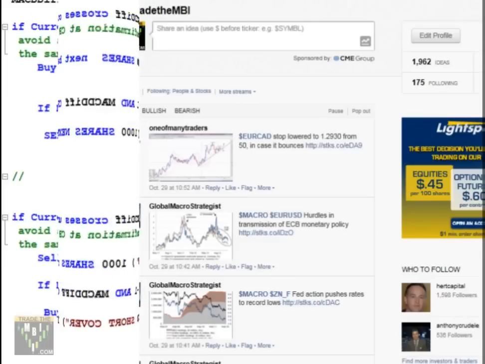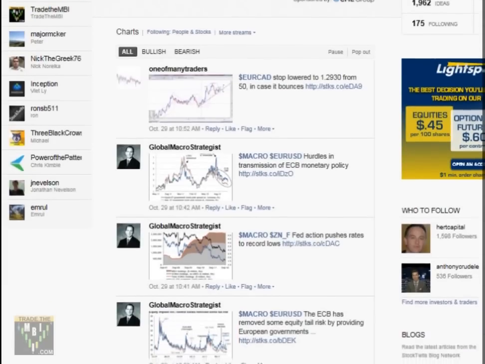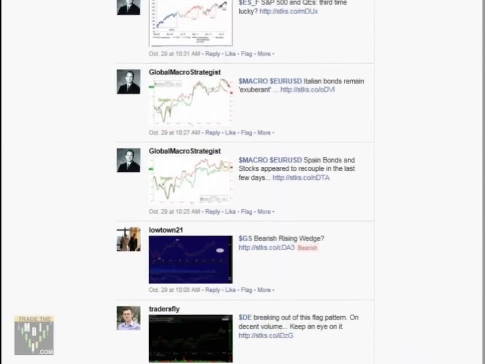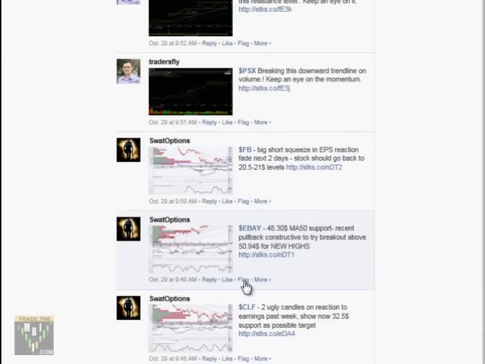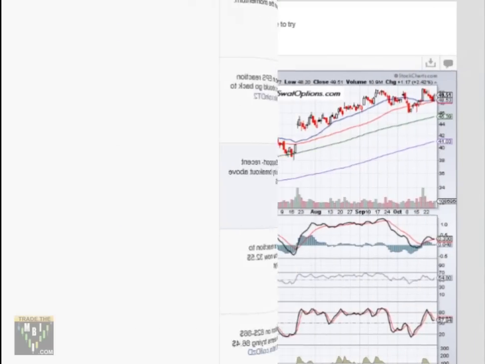And it's interesting because every day I go through StockTwits, and you may find me on there, and I scroll down and there's chart after chart after chart. What are some of the more typical indicators on charts? Well, I can tell you that MACD happens to be one of the primary ones. So it's worth asking, is this an effective indicator?